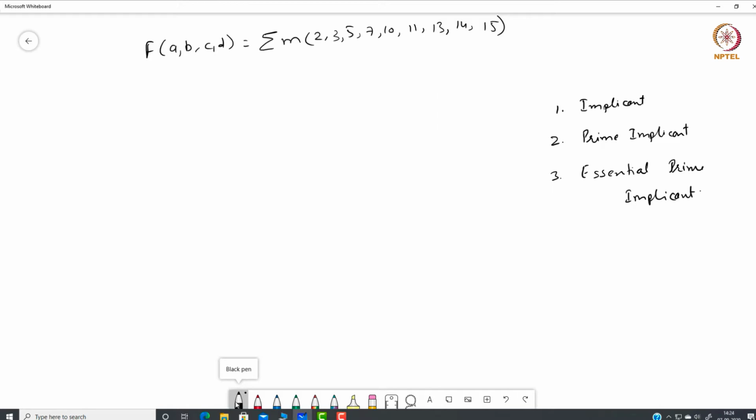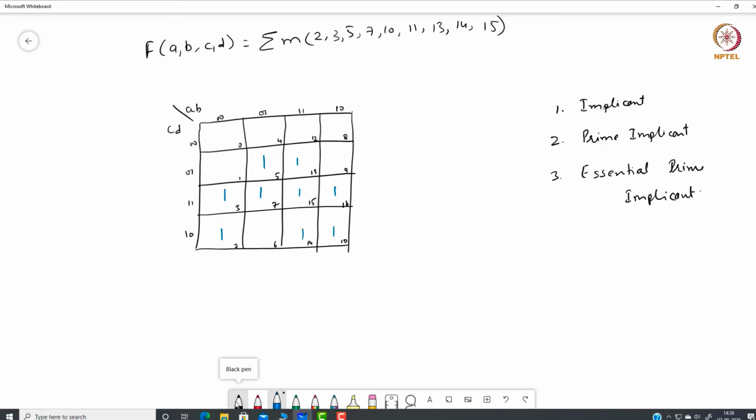So let us draw a K-map corresponding to this expression to make our understanding a little easier. So this is the K-map corresponding to this expression.